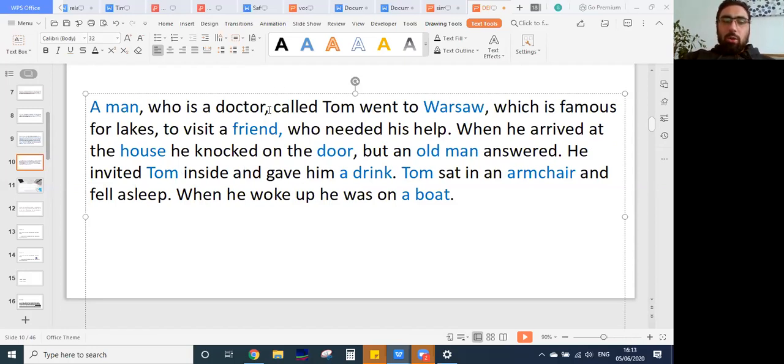Okay, so I'm going to underline all the non-defined relative clauses as well, just to highlight them. And here, if you notice, we have a full stop because it came at the end of a sentence. Okay.